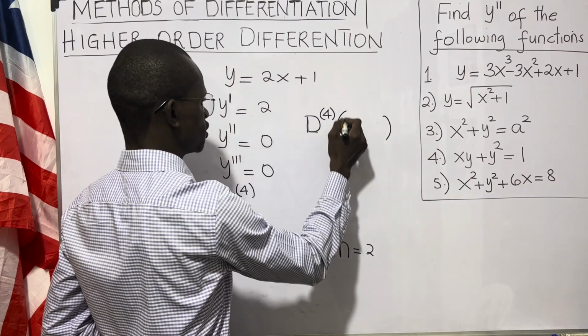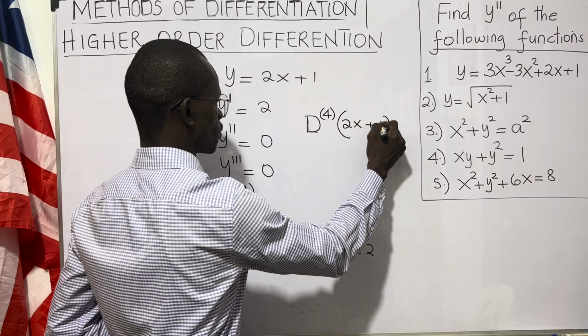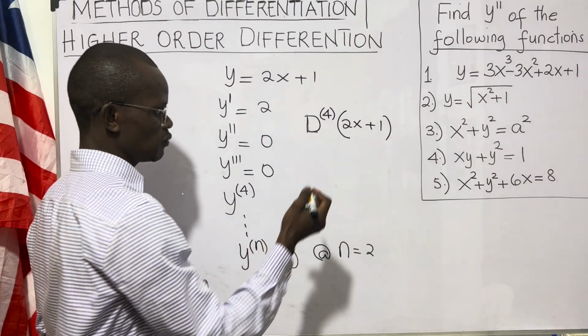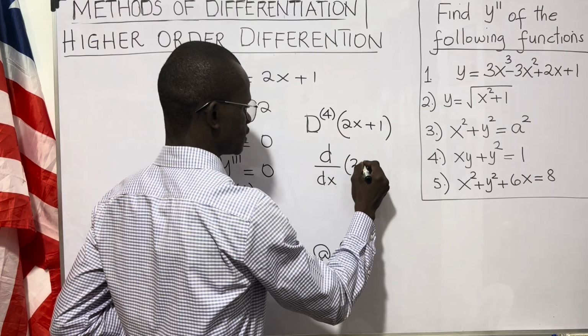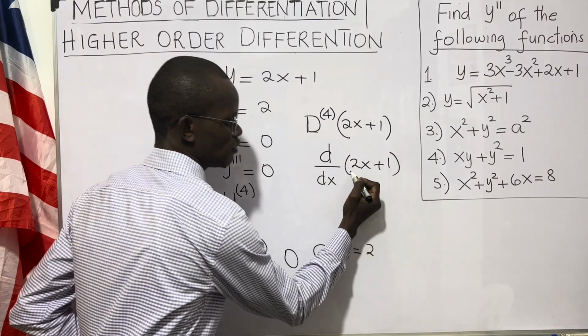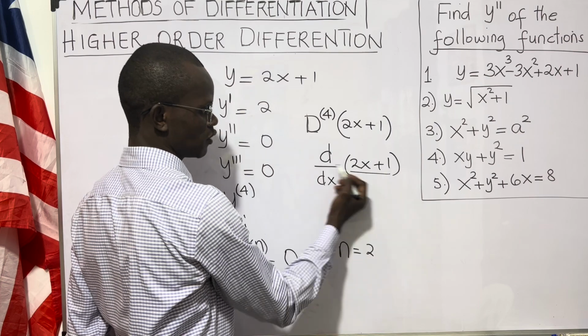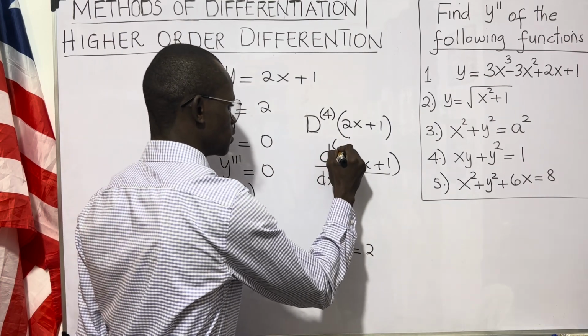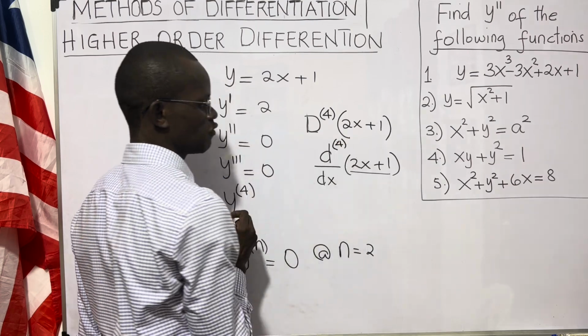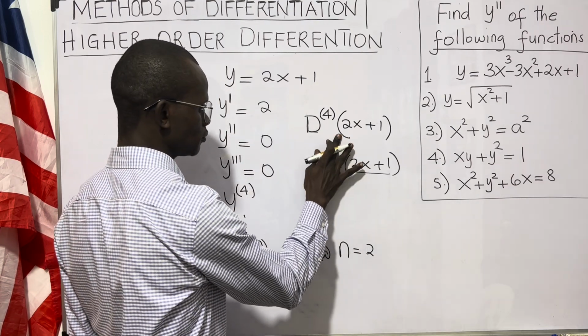So if this was a function, say 2x plus 1, like we used to write d dx of 2x plus 1, that is, we're about to find the first derivative of this expression, right? So this can also be d to the fourth if we want to find the fourth derivative of this expression.